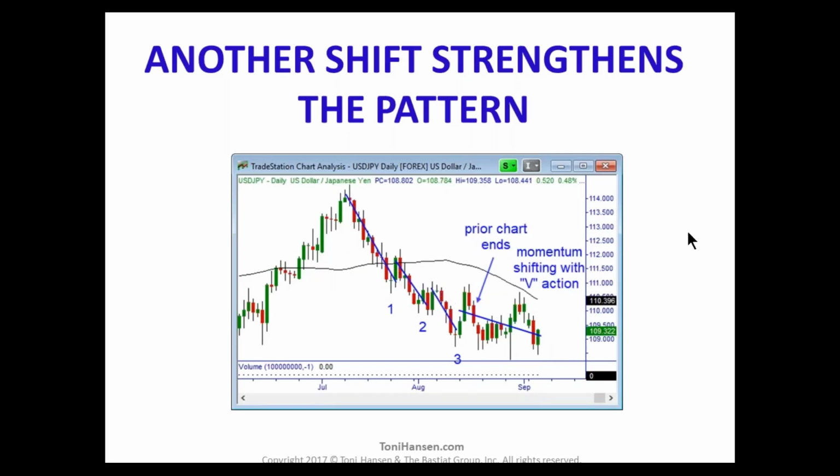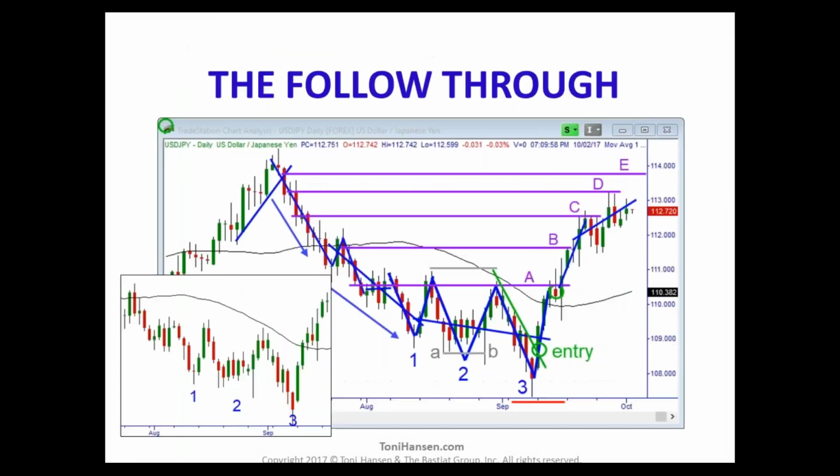So the first one hits this zone right here from the parallelogram, that target level 0 that I mentioned. And then it tries to go and put in another 3 lows. What I want to show you about this, though, is that it's not exactly like the 3 lows in the template. Because when we come into the second low, we actually have 2 lows that form.